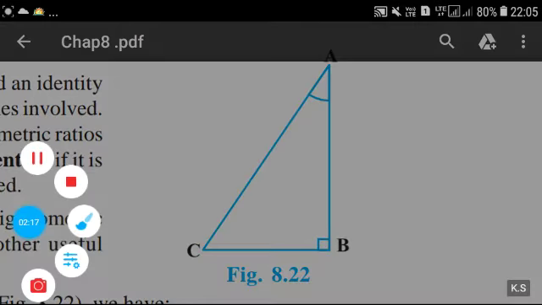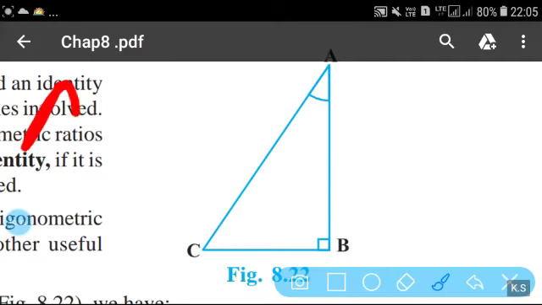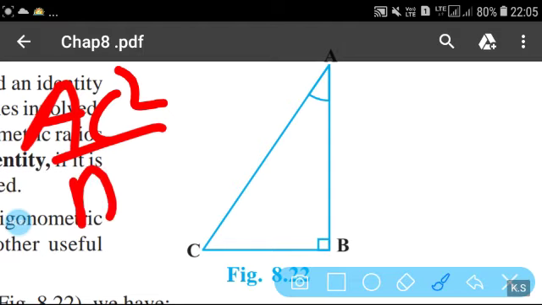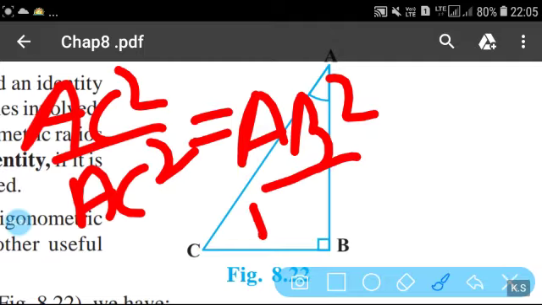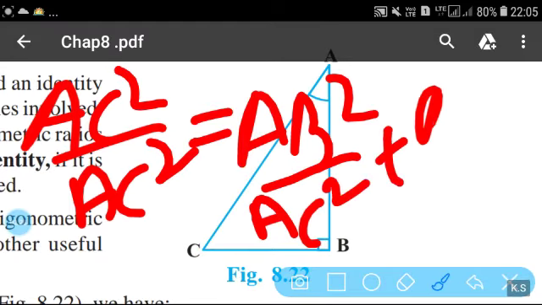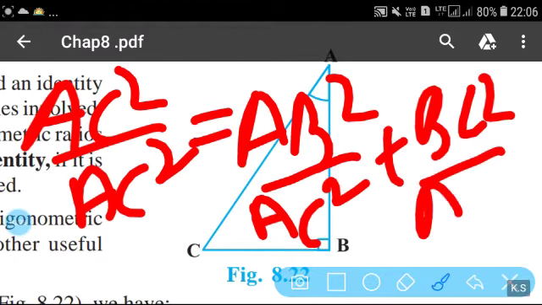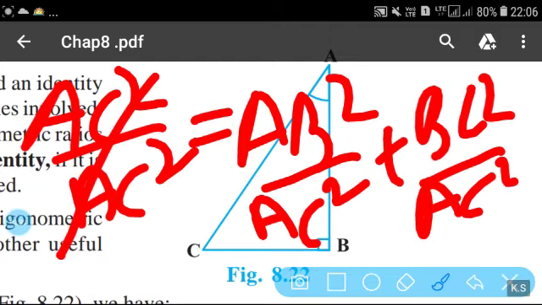So this gets cancelled, and this is equal to 1.